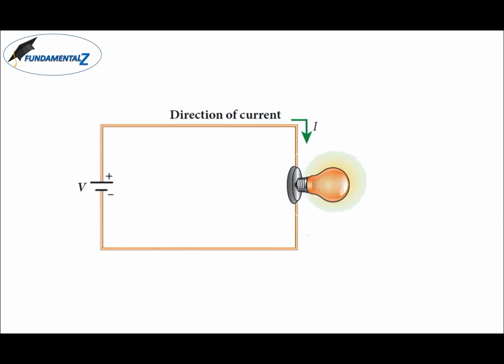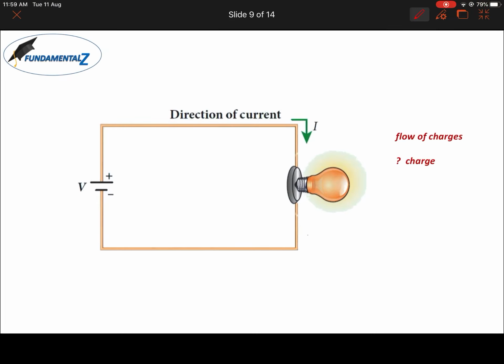We defined it as flow of charges. So what is the charge that is flowing here? How is that charge flowing? That is the question. So what type of charge is flowing? In general, when we have a flow of current, we are using a wire, isn't it? In general, this wire will be a conductor.